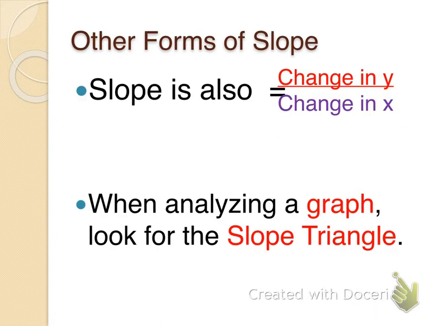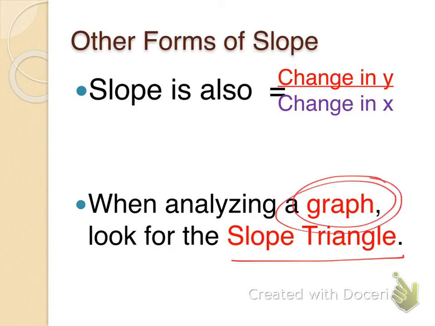Other forms of slope. Slope is also equal to change in y over change in x. That's what we just talked about, which is the same as rate of change. When analyzing a graph, look for the slope triangle. Now that's only specific to a graph. Okay, there's different ways of calculating slope depending on the information that you're given.